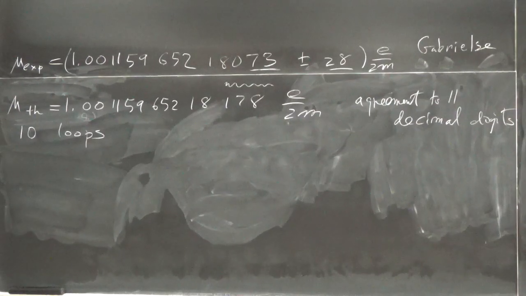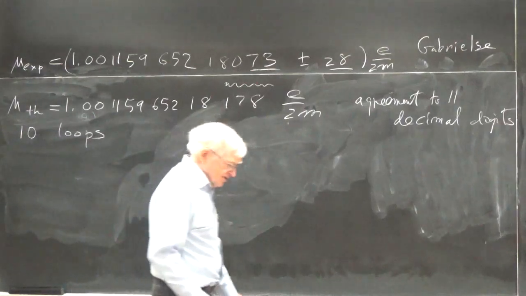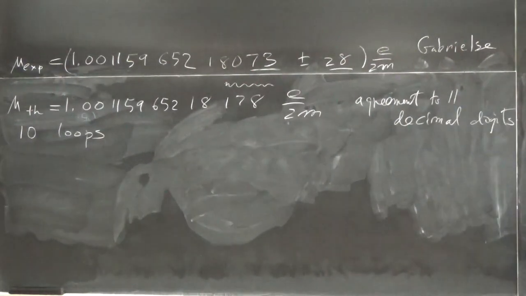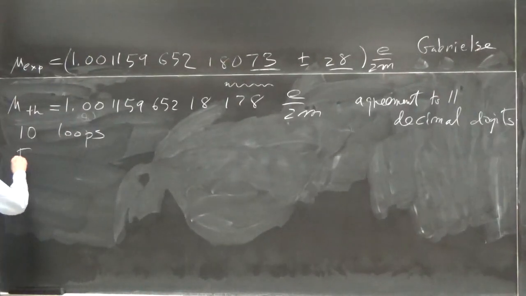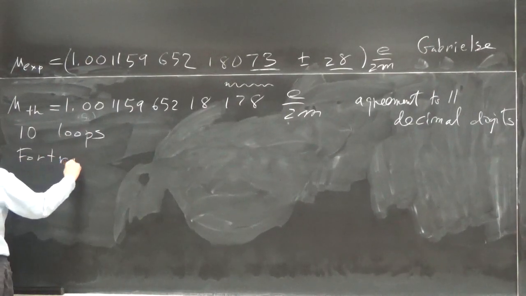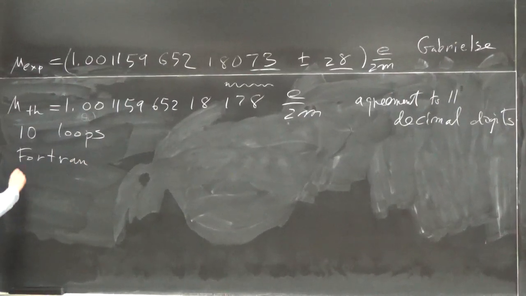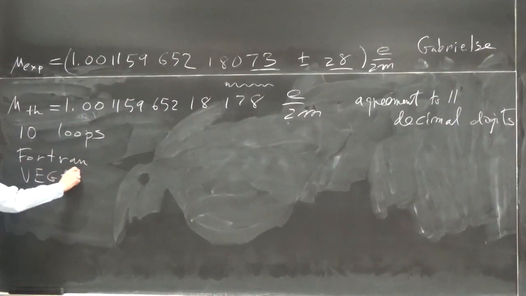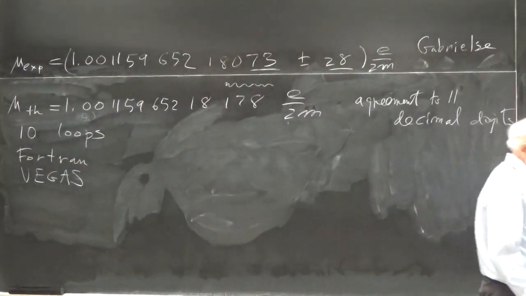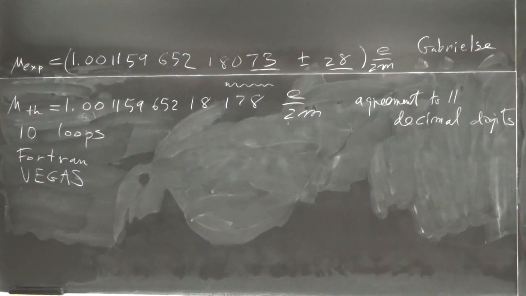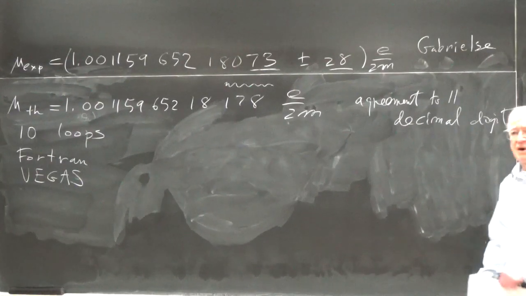And that's pretty remarkable. Of course, the integrals become very complicated, so they use all sorts of techniques, but in particular, they use Fortran and do things numerically. They also use a Monte Carlo code called Vegas, which is a way of doing multidimensional numerical integrals.